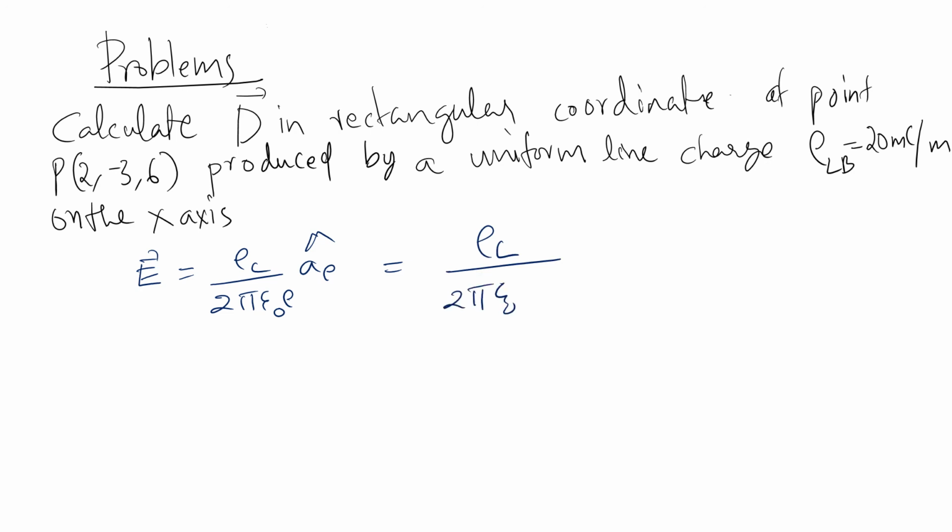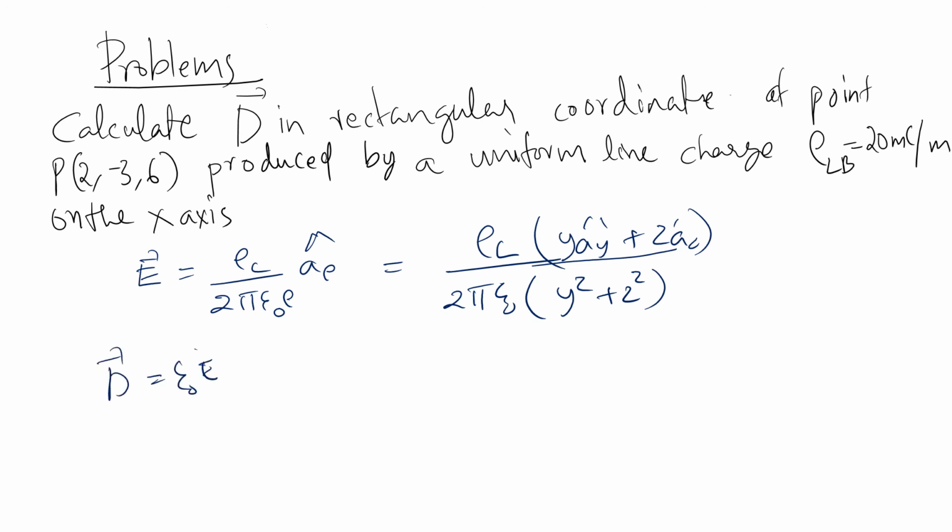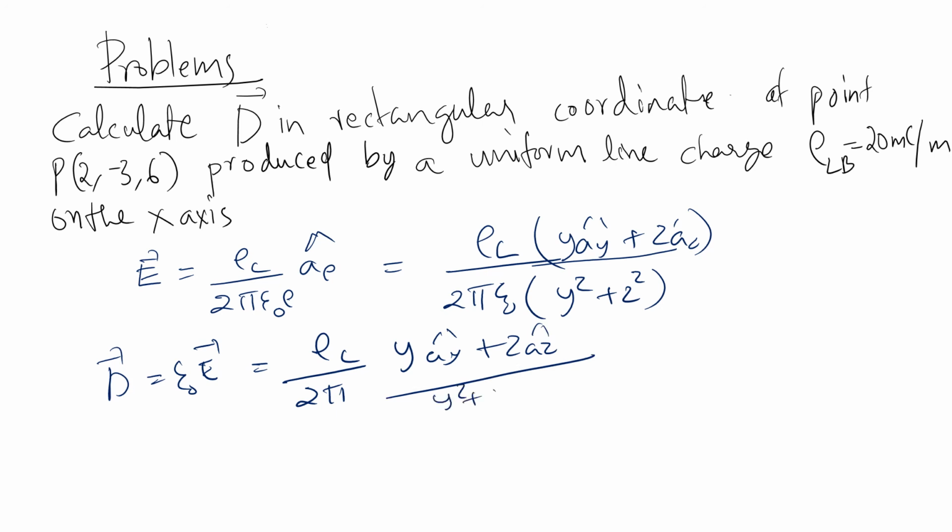Since this is along the x-axis, there won't be an x component, so it will be (y ay cap plus z az cap) divided by (y square plus z square). Since this is along the line, there is no x1, y1, z1 term. So this is E, so D will be epsilon times E, so it will be rho L by 2 pi (y ay cap plus z az cap) divided by (y square plus z square).